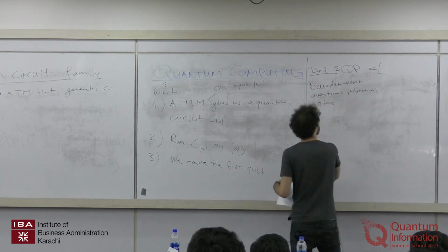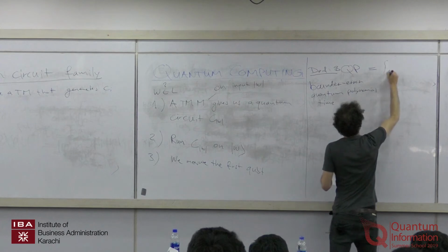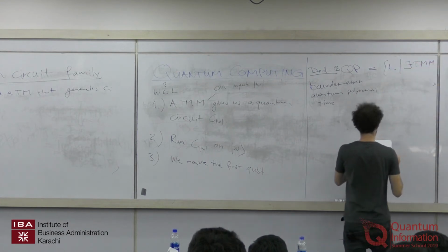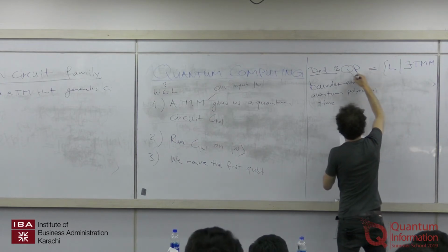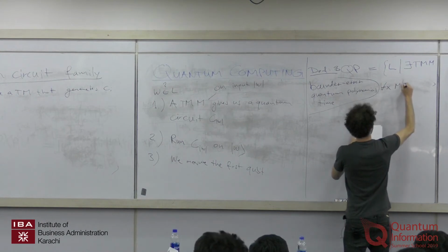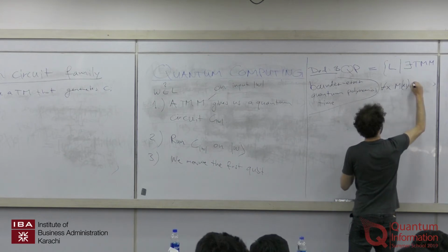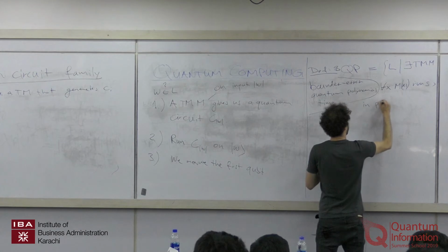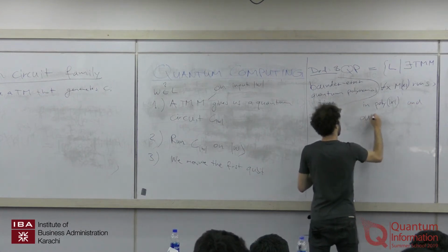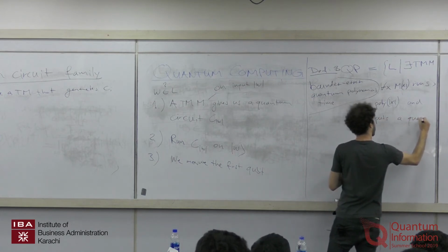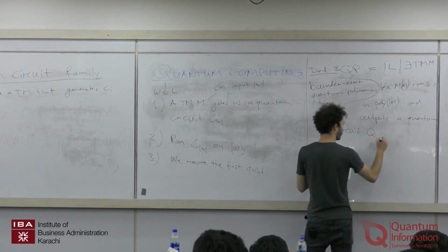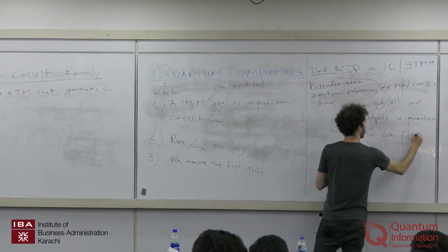This complexity class is the set of all languages, so of all decision problems, where there exists a Turing machine M such that for all x, if we give the input to M, this Turing machine M runs in polynomial time and outputs a quantum circuit Q over Hadamard, T and C-not.